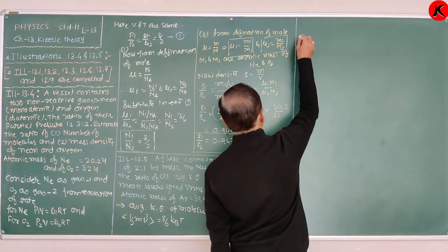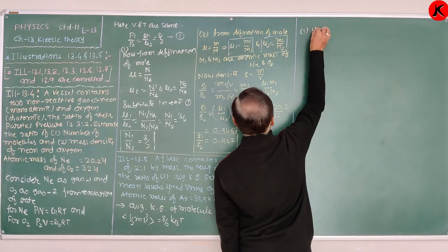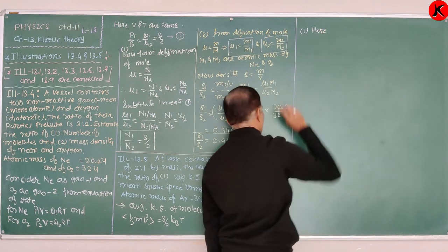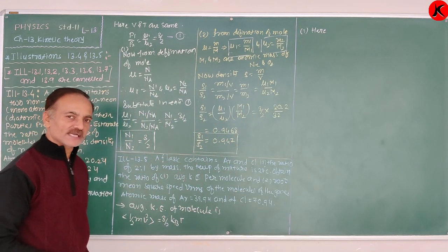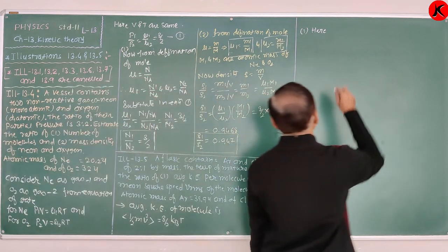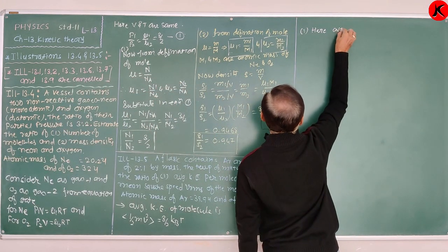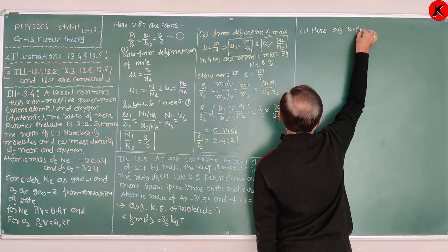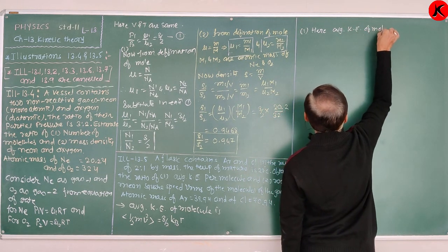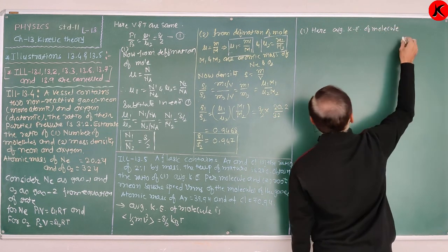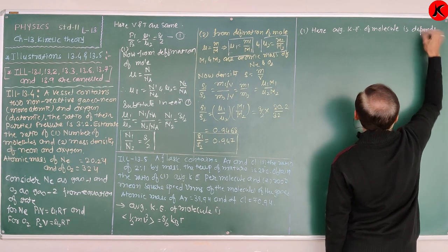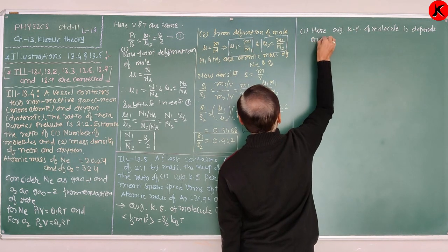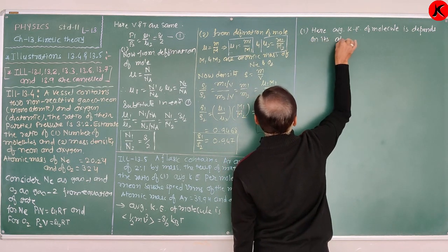Now, first answer the first part. Here, the average kinetic energy of a molecule is directly proportional to its absolute temperature. The average kinetic energy of a molecule depends on its absolute temperature.